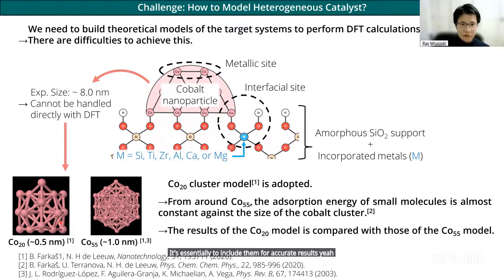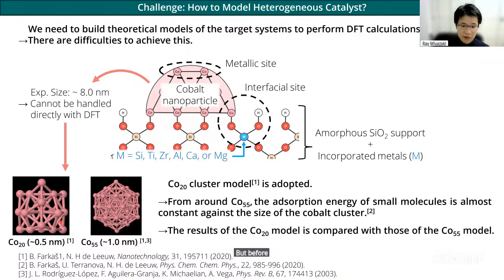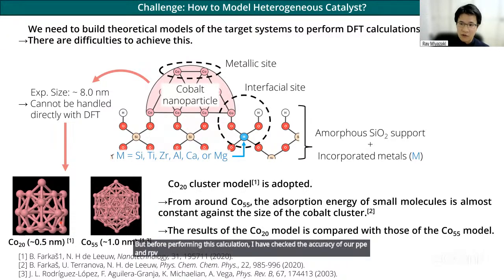Yeah, right. In this calculation, I just used the simple RPBE without any van der Waals correction. But before performing this calculation, I checked the accuracy of RPBE and RPBE with van der Waals correction. For this, I adopted the Tkatchenko-Scheffler type van der Waals correction.